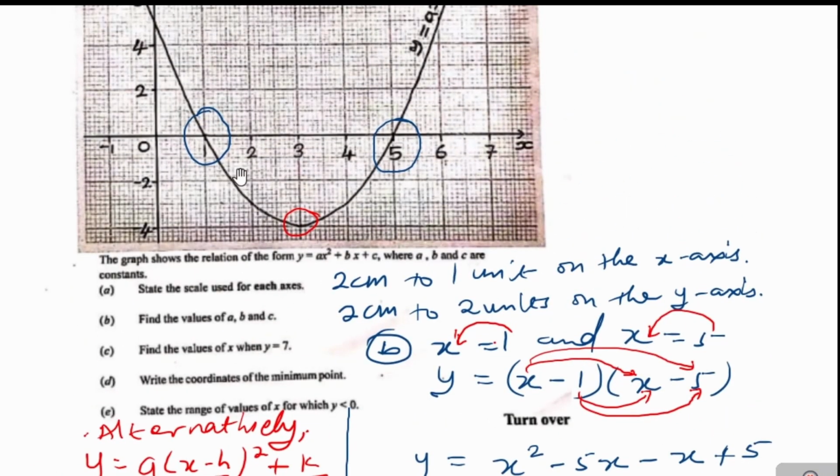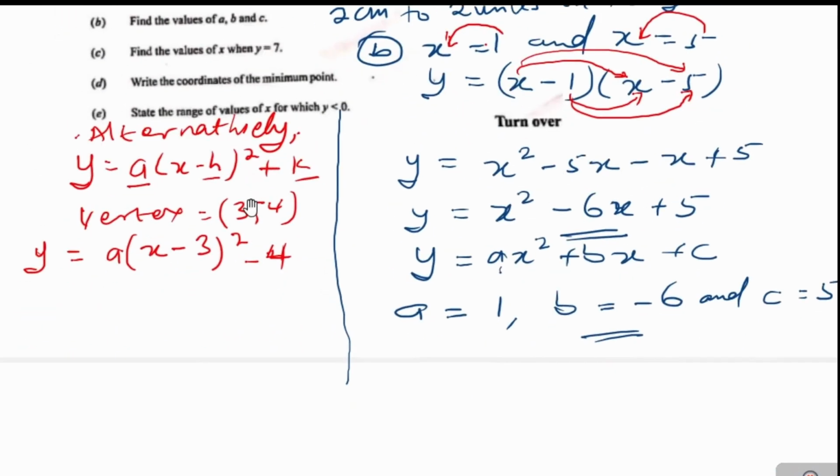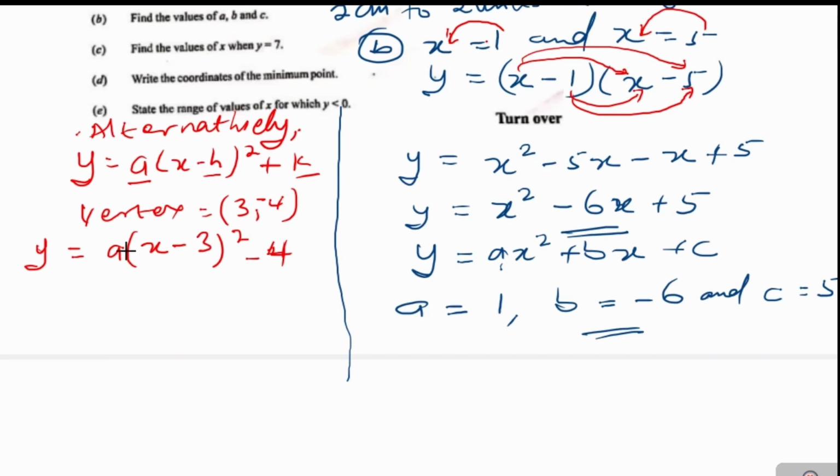Now coming back to the graph, we'll pick the point 1, 0. I just pick 1, 0 because 1, 0 is clearly seen, but we can choose any other point and pick the coordinates. So substituting 1, 0 into our relation, wherever we see y, we put 0, and wherever we see x, we put 1. So we get 0 equals a multiplying 1 minus 3 all squared minus 4.